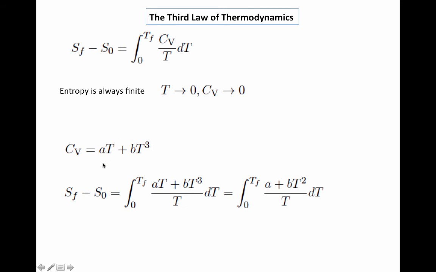If we know how the heat capacity depends on temperature, we can still compute entropies. In one of the problems of the homework, you're actually asked to do this for this form of the heat capacity. You just plug this into this equation here, you cancel the bottom T with one of the top T's, and then you integrate this equation here. Apologies, this bottom T in the denominator on the right-hand side here shouldn't be there. This is just a plus bT squared dT that we're integrating.